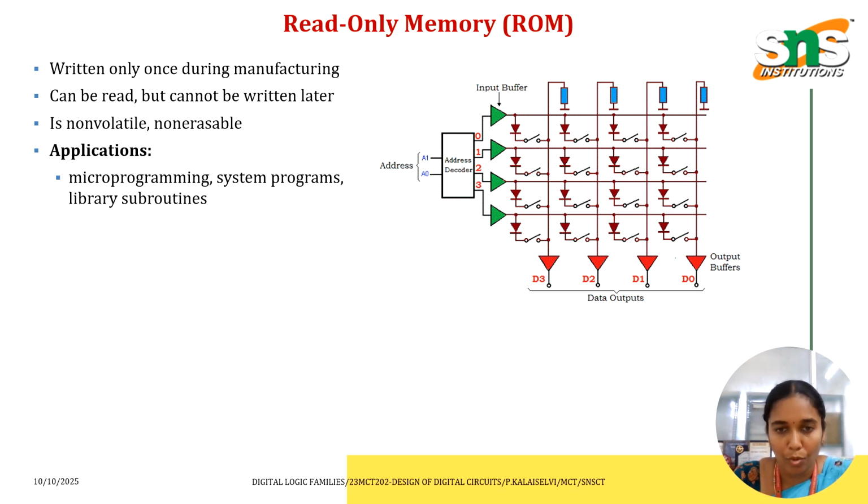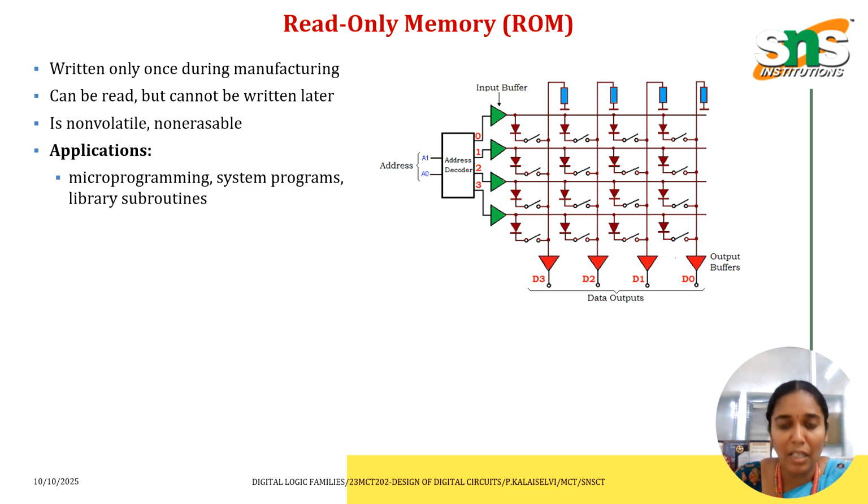ROM stands for read-only memory. As the name suggests, the data in ROM can only be read, not written or modified easily. It is a type of non-volatile memory, meaning the information stored in ROM remains even after the power supply is turned off.